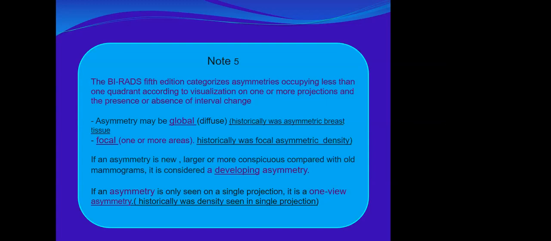This term could be confused with the descriptor of the X-ray attenuation of the mass. And if an asymmetry is seen only in a single projection, it was previously called a density seen in a single projection, and is now called a one-view asymmetry or an asymmetry.